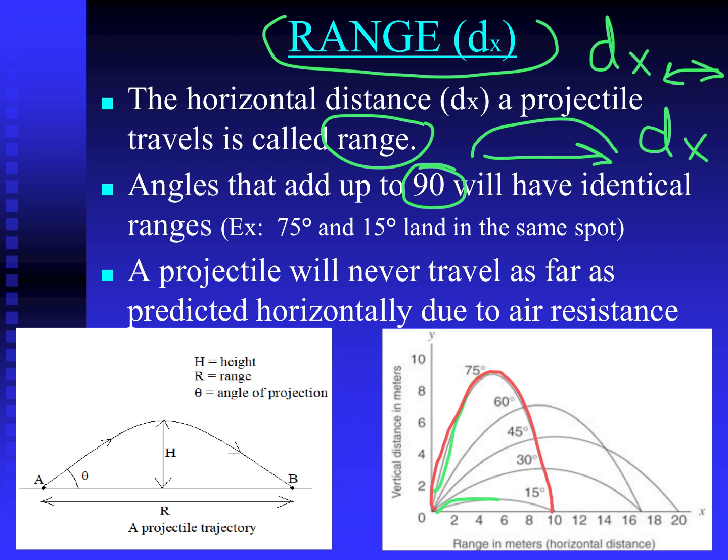But say 75, if you add 15 to that, you get 90. It's the same thing. If you launch something at a small 15-degree angle, it'll land in the same spot as well. So interestingly enough, if you have complementary angles that add up to 90, even though the height, the dy, the displacement in the y direction will be different, they'll actually land in the same spot, so their dx will be the same. Isn't that kind of interesting?